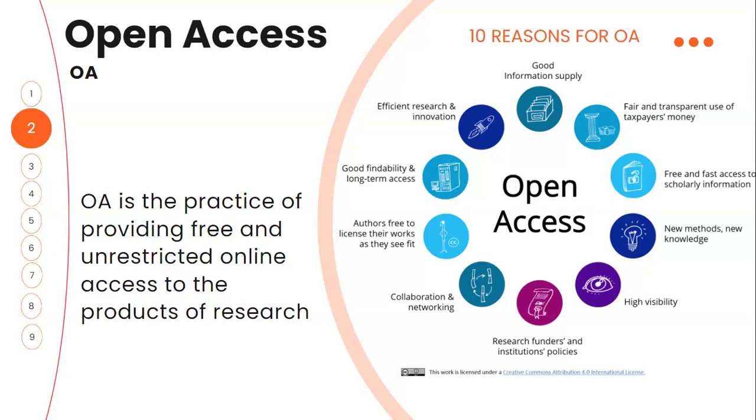Again, when you publish openly, your license is yours. You can license the work the way you see fit. You will be visible, as I mentioned. There is good findability and long-term access. The production will not die because, as we said earlier in the previous level, whatever is not online can be identified as dead.